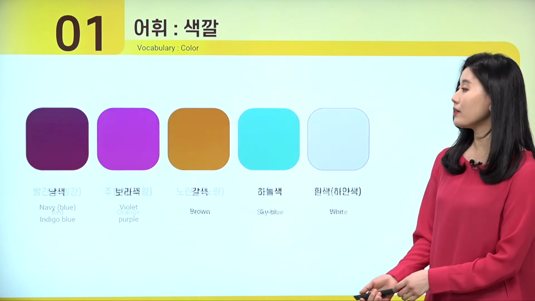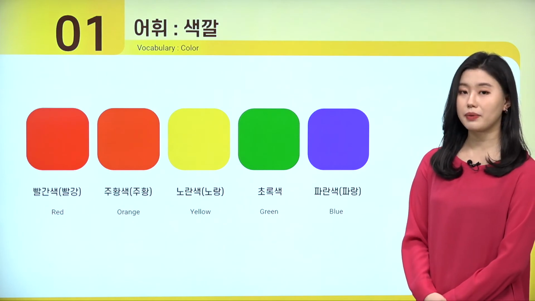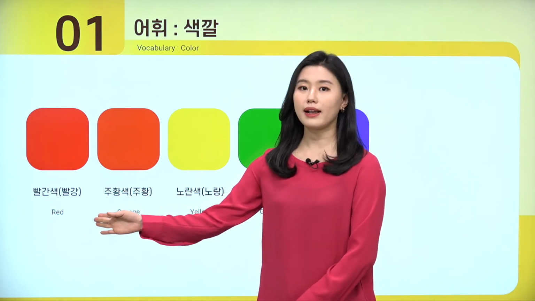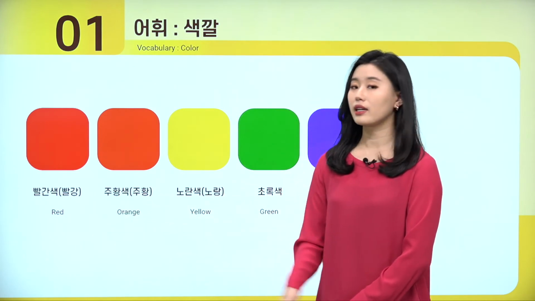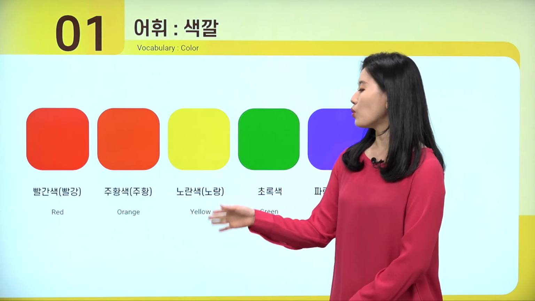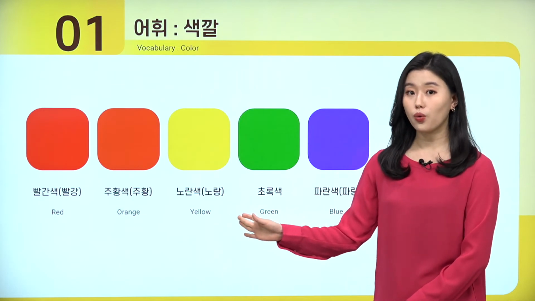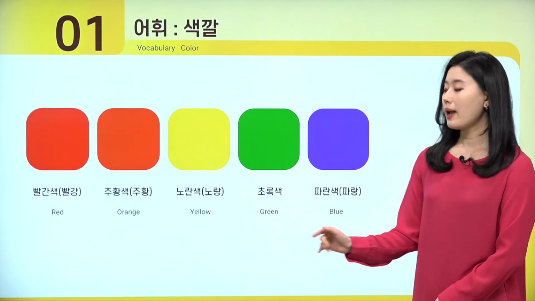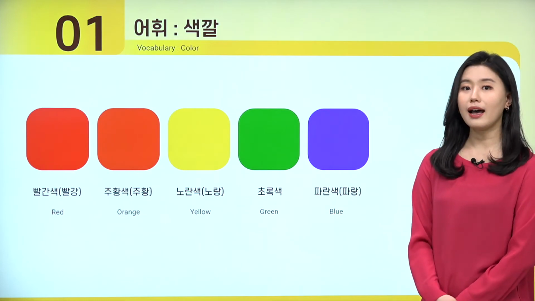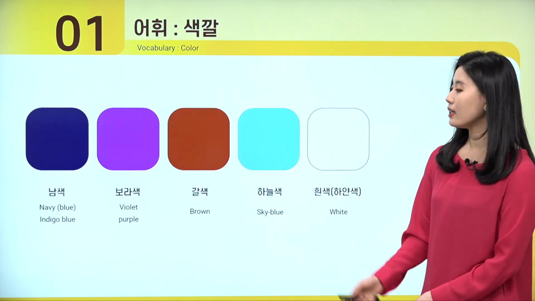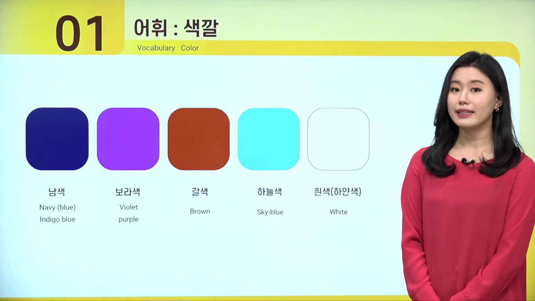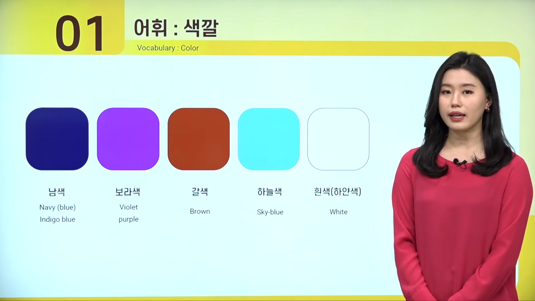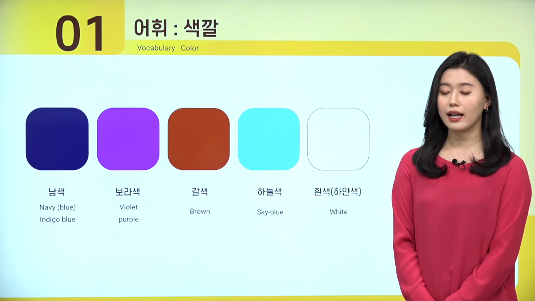Let's check the vocabulary and pronunciation one more time. 빨간색, 빨강. 주황색, 주황. 노란색, 노랑. 초록색 or 녹색. 파란색, 파랑. 남색. 보라색, or 보라.